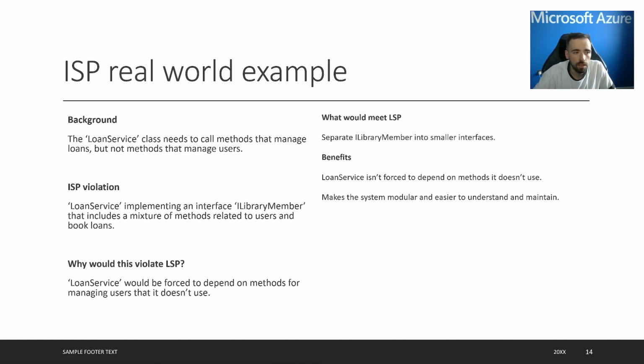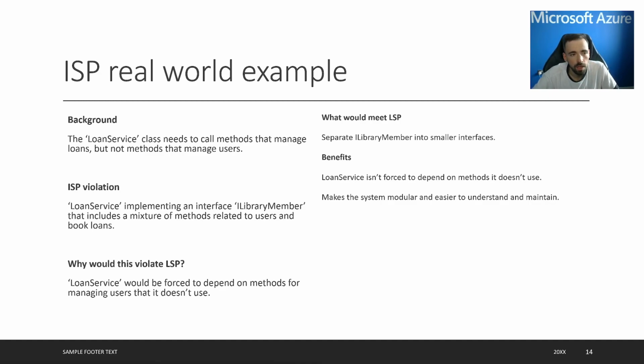And this would violate ISP because LoanService would be forced to depend on that interface which contains methods related to loans and users. So it would effectively depend on methods that it doesn't use, and that is the methods related to managing users.